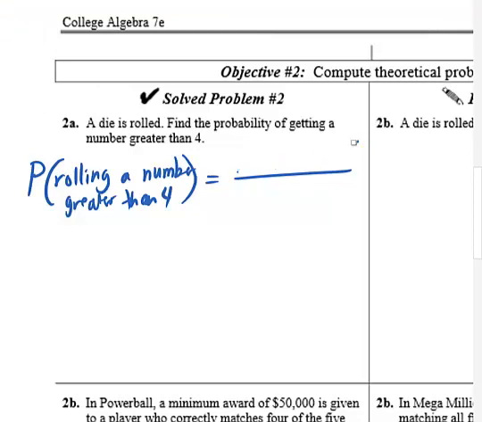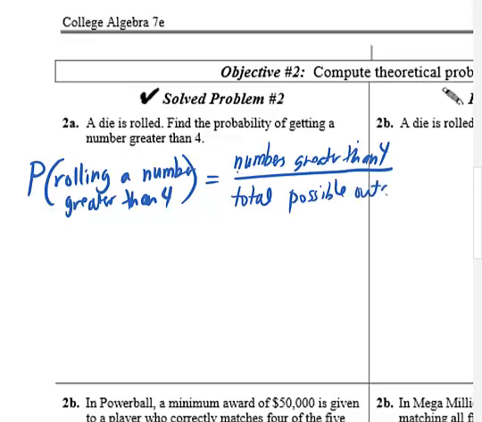There you go. Like on a die, how many numbers are there greater than 4? Numbers greater than 4. Okay, that's what we want. Out of the total possible outcomes.